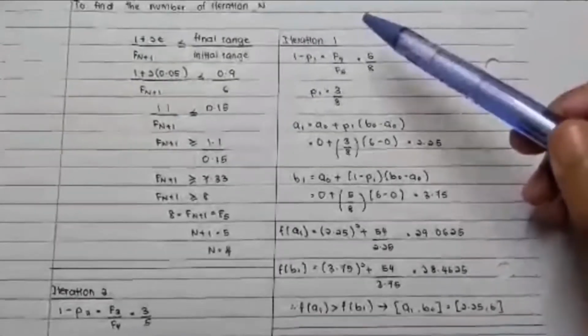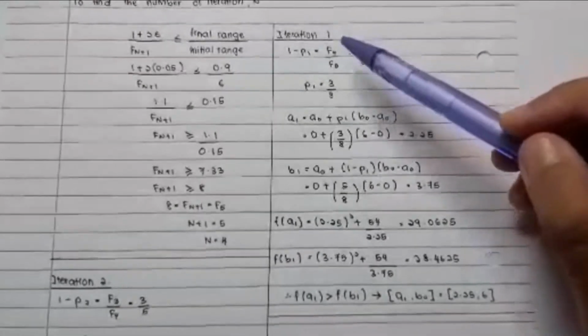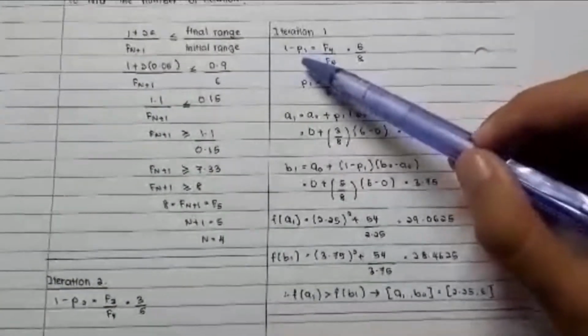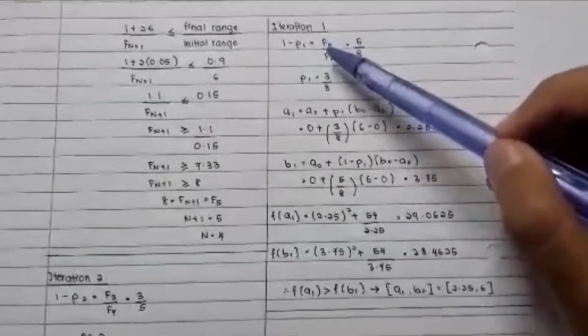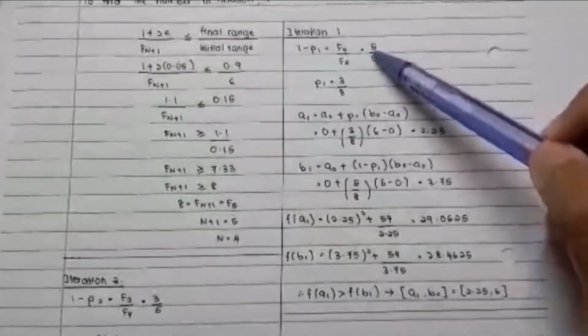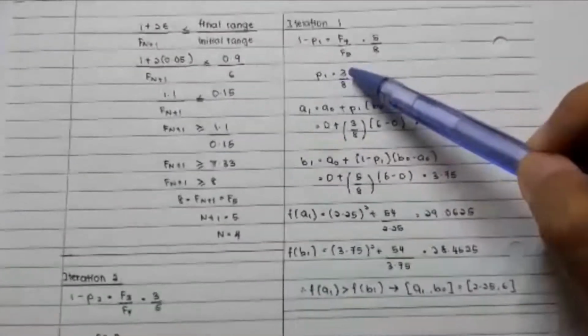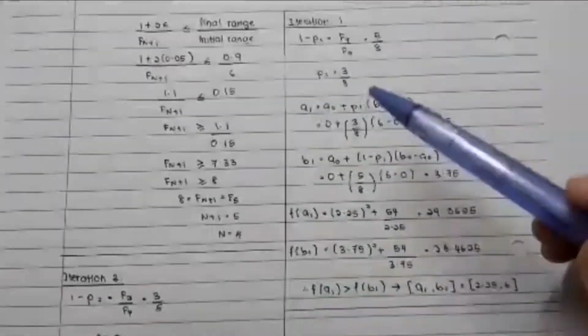For the first iteration, we start with 1 minus rho 1 equals F4 divided by F5, and we got 5 over 8. For rho 1 equals 3 over 8.